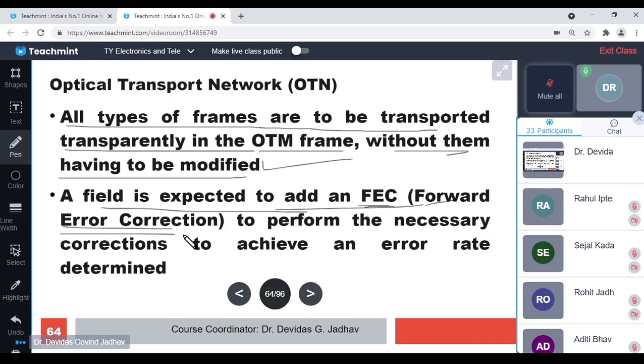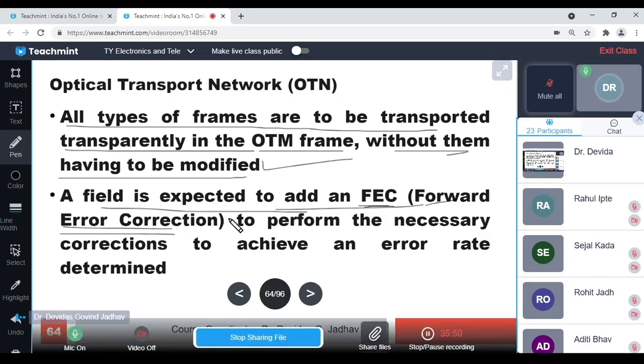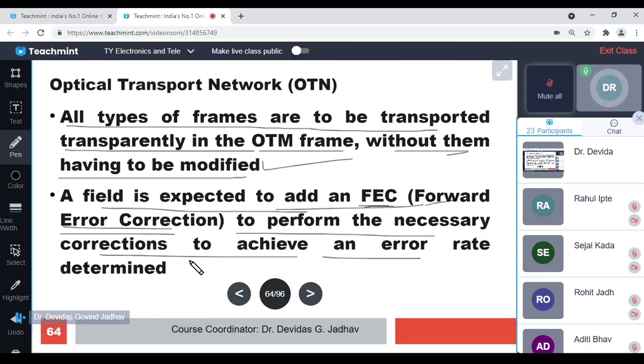So forward error correction is possible and it can be used to perform the necessary corrections to achieve a determined error rate. Okay, the field is expected to add FEC to perform the necessary corrections to achieve the determined error rate. So whatever error rate is determined, that error rate is achieved by having the error corrections.